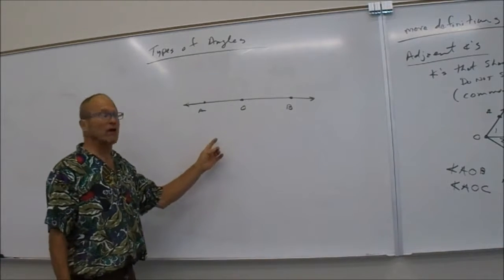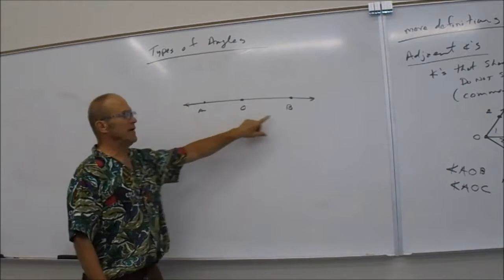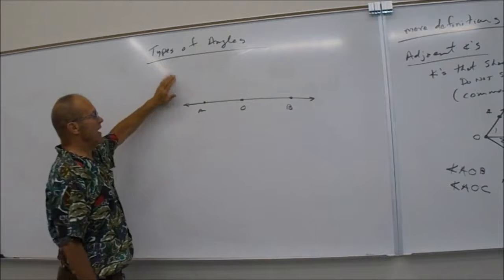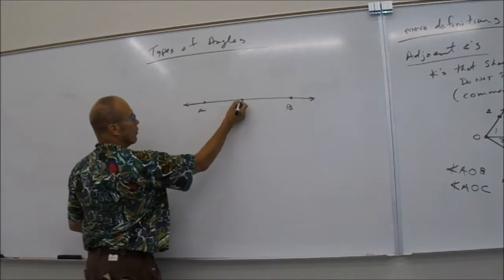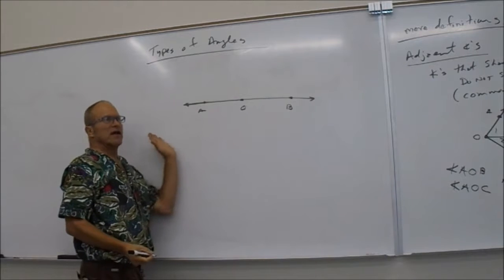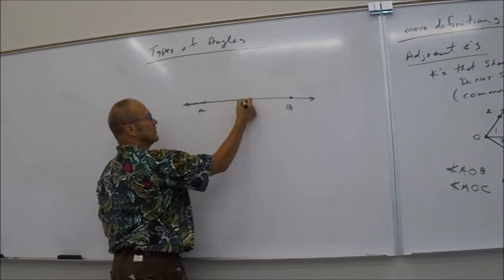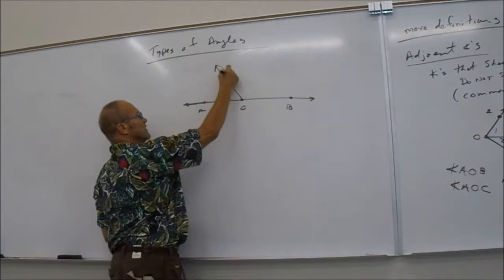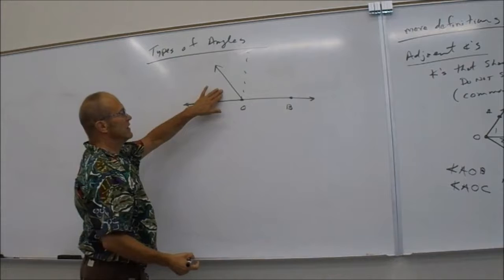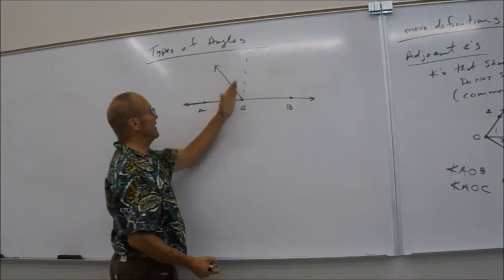Once again, what I've done is I've redrawn this line with O between A and B, and I'm going to show you the types of angles as we start. Now, when you go from 0, you really don't have an angle yet. It starts at 0, and then when you start going up, you start making an angle. If you go up this far, and you haven't gone straight up yet, this angle is between 0 and halfway to 180, which would be 90.